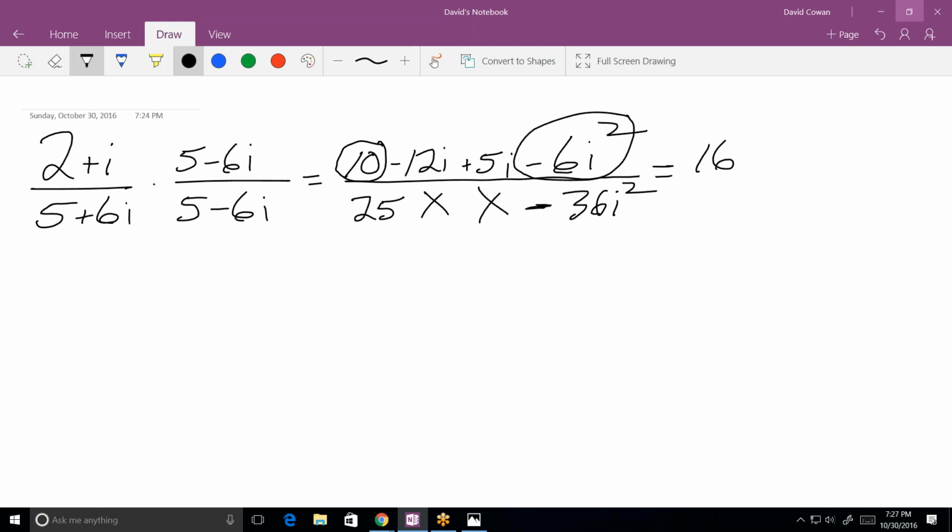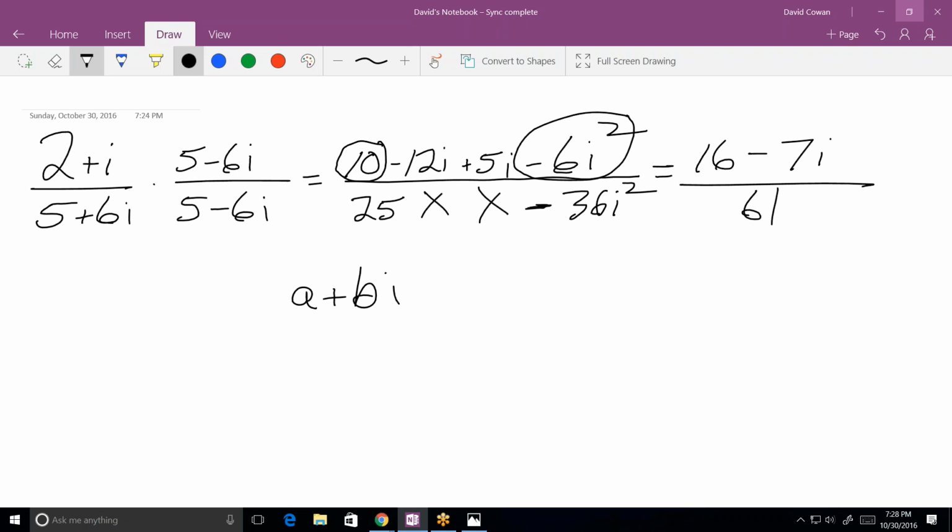It's negative 7i. And what's the bottom? Let's see, 36 plus 25, 61. Correct.